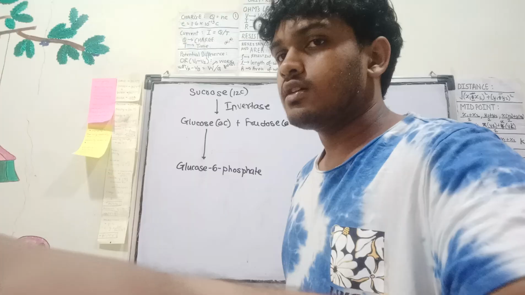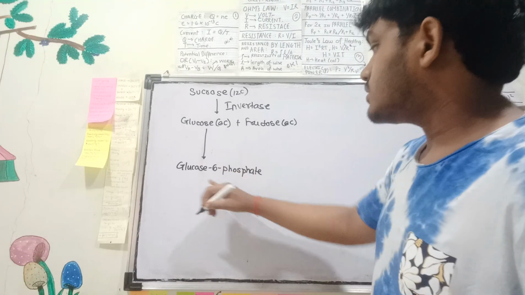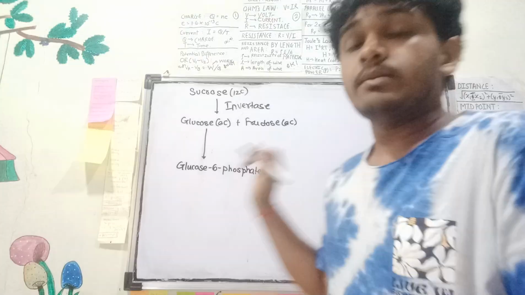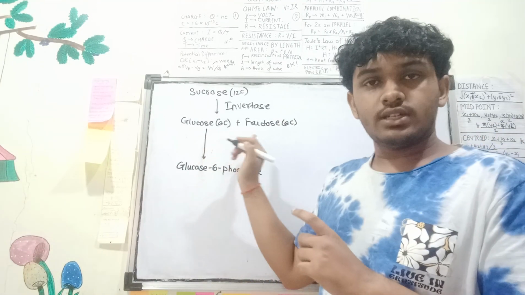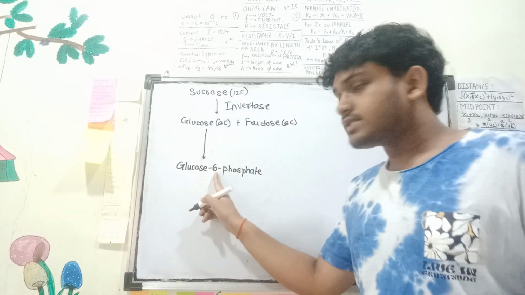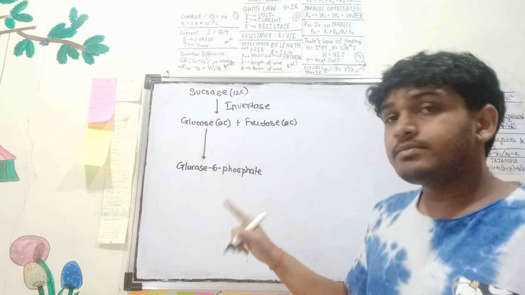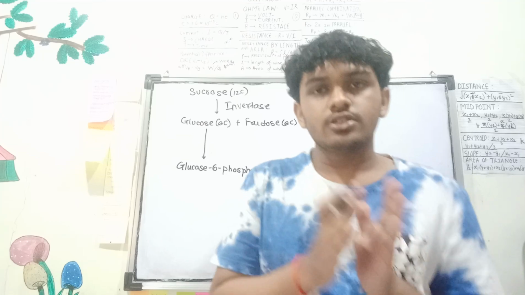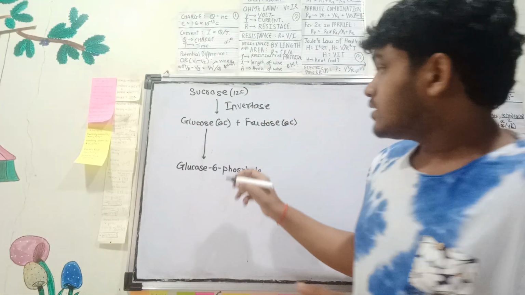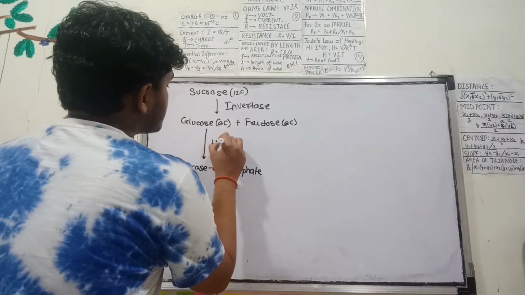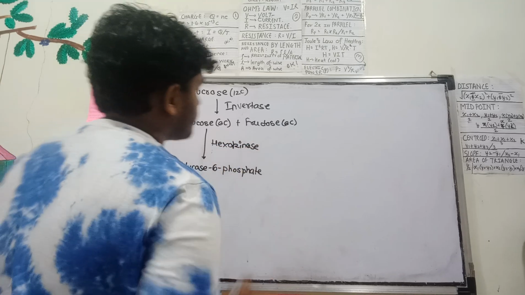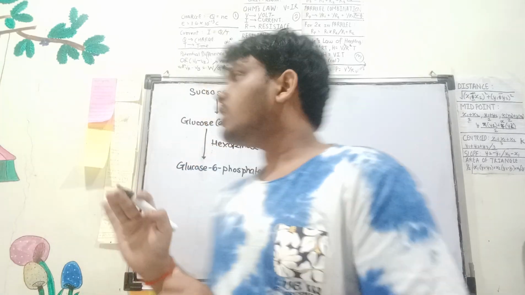Glucose is converted into glucose 6 phosphate. Now to remember the enzyme used here, we have 6 phosphate, so the enzyme's name is hexokinase. As we know, hex is used for 6, and hence the enzyme's name is hexokinase. So hexokinase is the first enzyme of glycolysis.